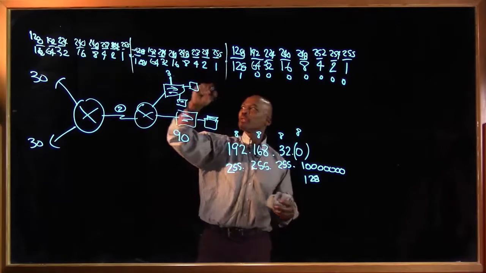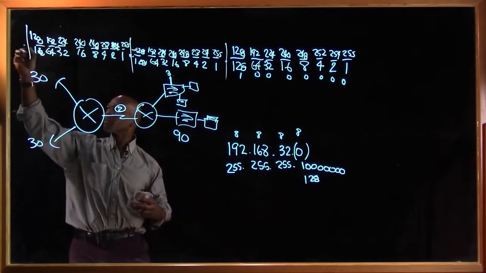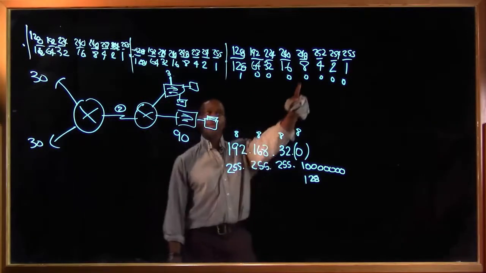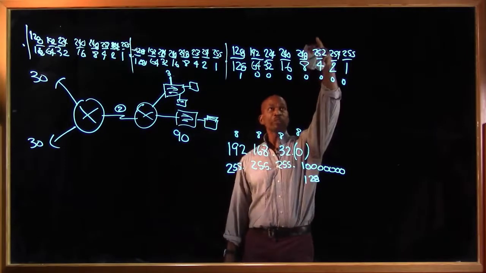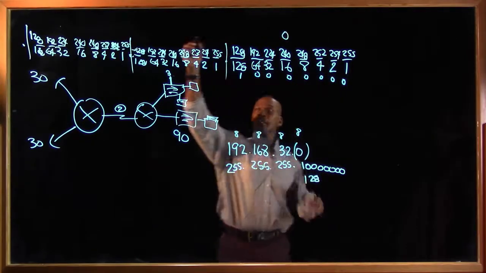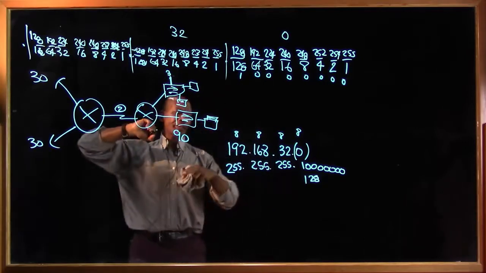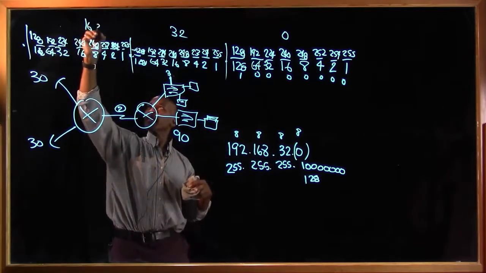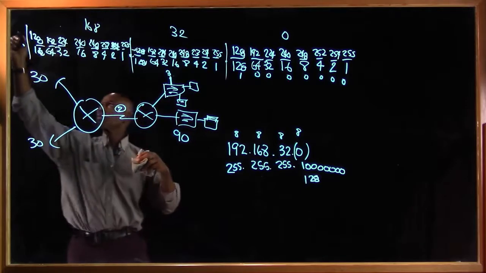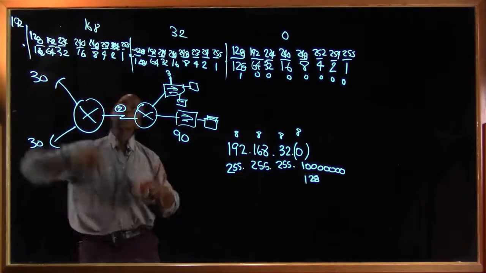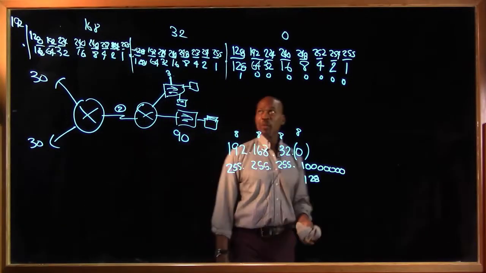Now you also know that I don't want to go any further, but we have another. This is the 0 octet, this is the 32 octet, this is the 168 octet, and this last one is the 192 octet. This is how it's represented.